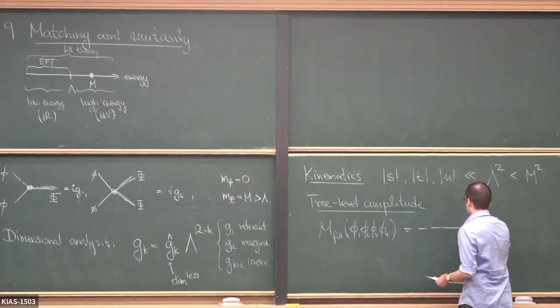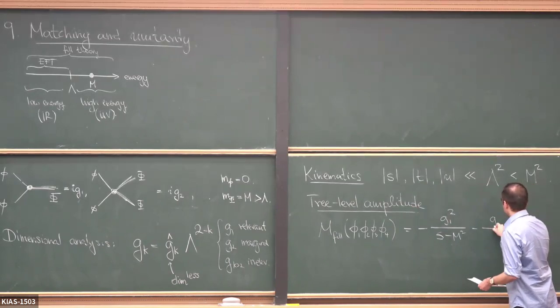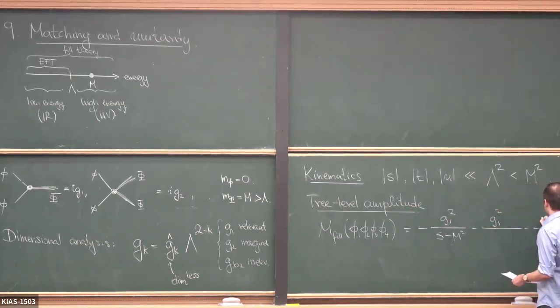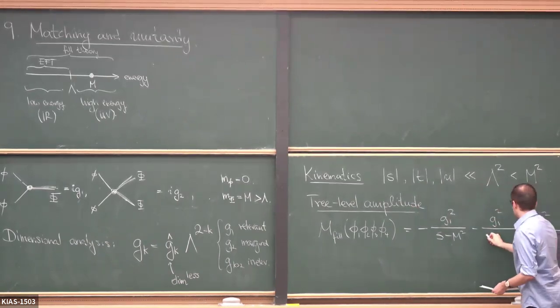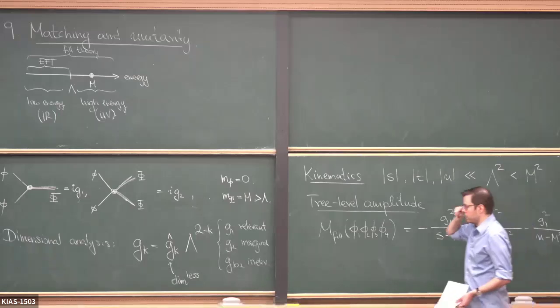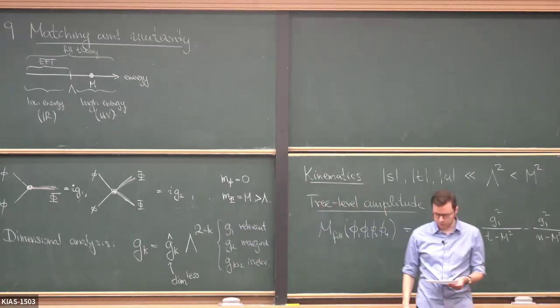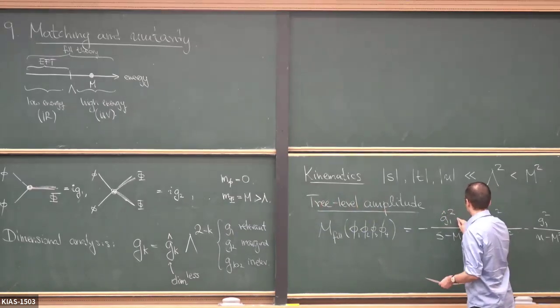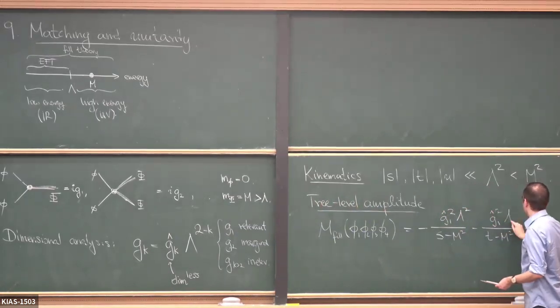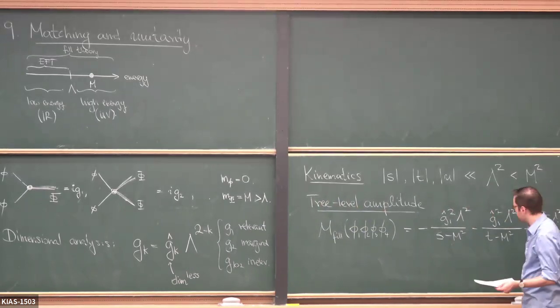So this can be written as minus G1 squared over S minus M squared, and permutations. And then I can also substitute this dimensionless quantity here just to make sure I'm having my powers right. So I get the lambda squared everywhere.